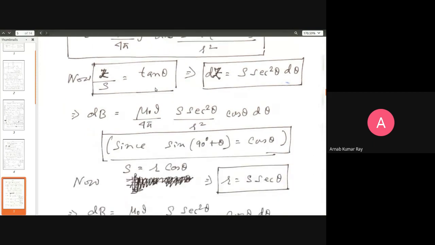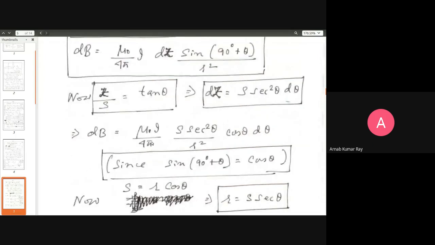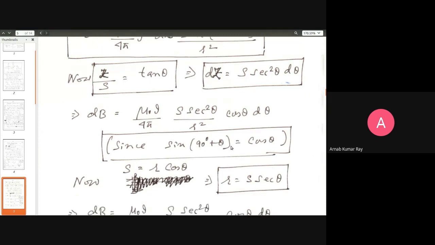dB is equal to mu naught by 4 pi by r squared. dz we are writing as s sec squared theta d theta. What about sine 90 degrees plus theta? By trigonometric identity, sine 90 degrees plus theta is cos theta. We are writing it as cos theta.